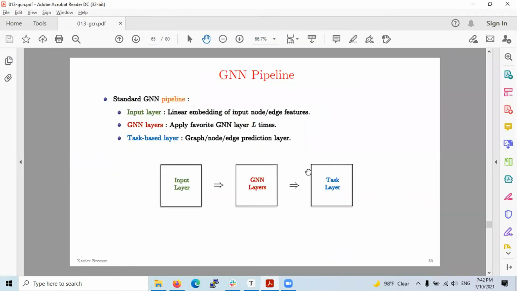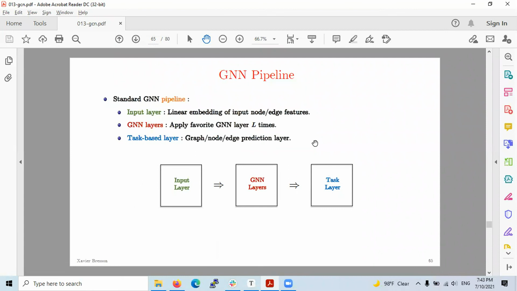Then there was one specific question within this class: we have talked about all the theory about graph neural networks, but how do you really do all of this? This is a separate video which was concatenated into this original video, which broadly explains how the GNN pipeline looks.